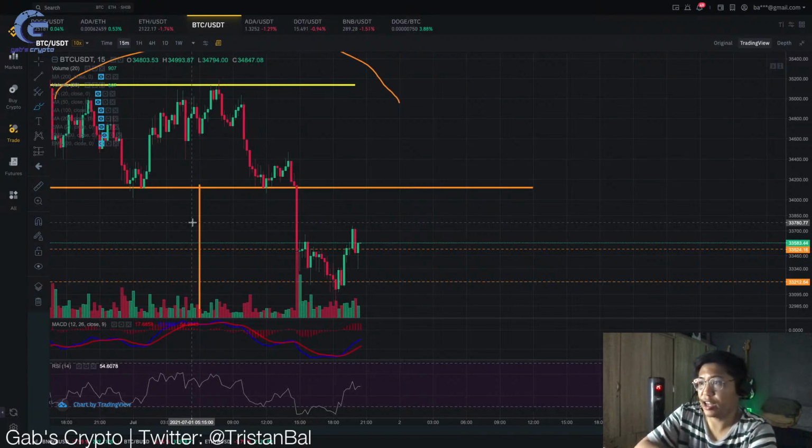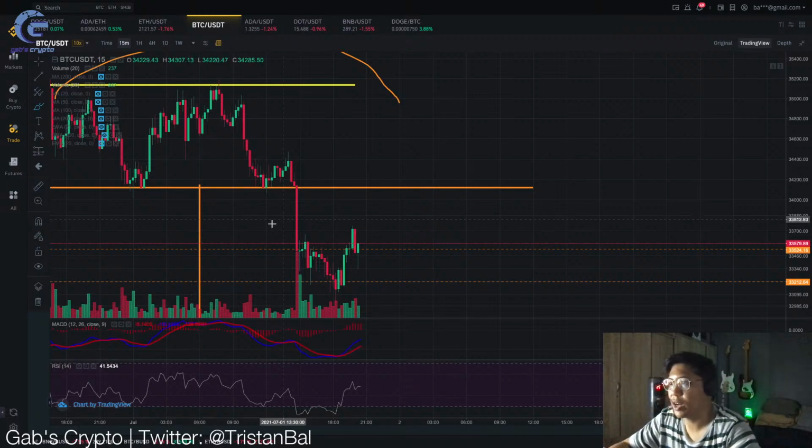Pero yung target area ko, sinasabi ko naman siya kasi most of the time yun yung chine-check ko na possible sell areas.